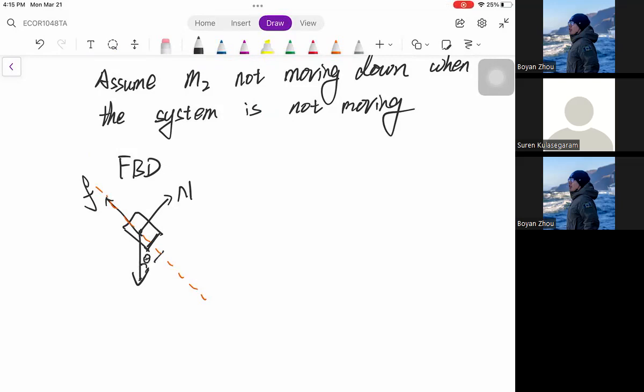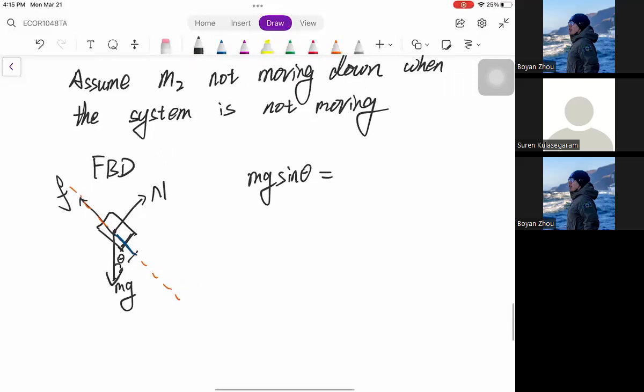Here's the theta. We have the weight, mg, times sine theta, which will be equal to F, the friction.